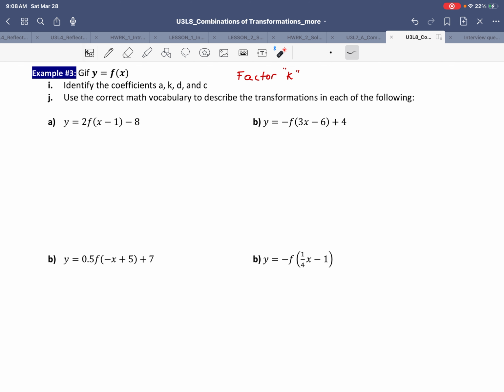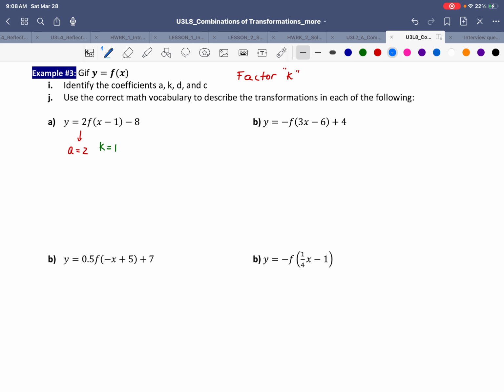So first we have y equals 2 f of x minus 1 minus 8. As you can see here, we have the coefficient a equal to positive 2. Now, since we don't have any number multiplying x, that means that k must be equal to 1. So there are no horizontal stretches, neither compressions nor expansions.